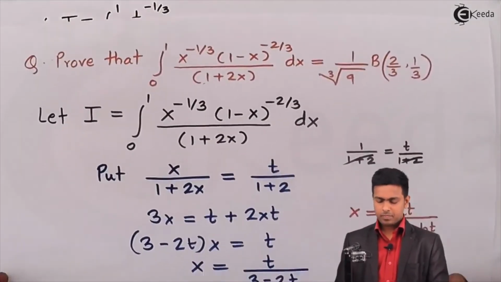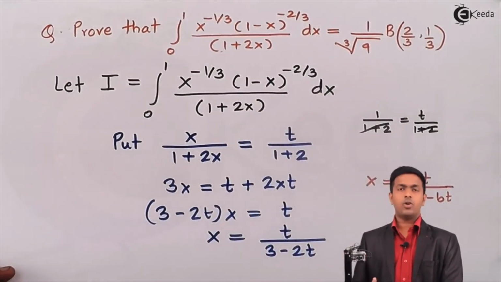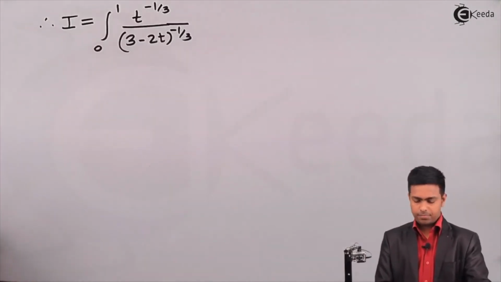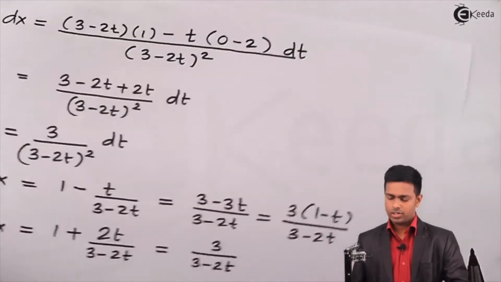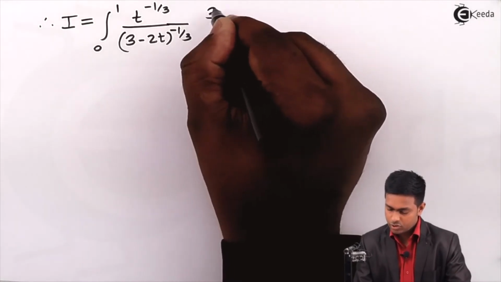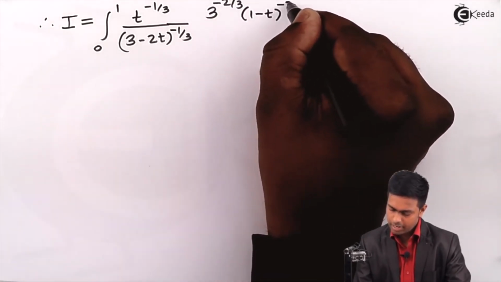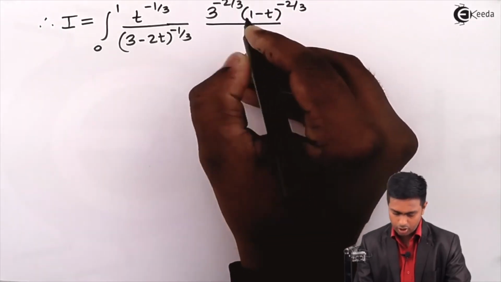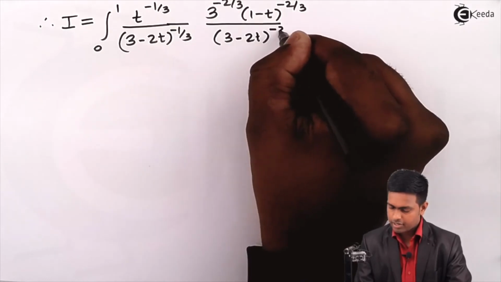Next, 1 minus x raised to minus 2 upon 3. What is the value of 1 minus x? So this is the value of 1 minus x. This raised to minus 2 upon 3. So this will be 3 raised to minus 2 upon 3, 1 minus t raised to minus 2 upon 3 upon 3 minus 2t raised to minus 2 upon 3.